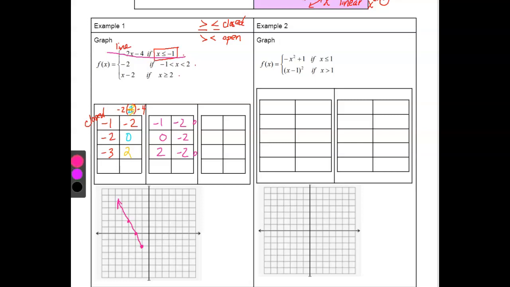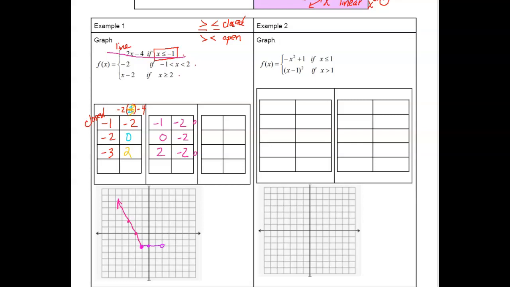Okay? So let's change colors, and we're going to plot these points. So -1, -2, and this already has a dot there, so you're not even going to notice that this one's open. So it really is open, but it would be filled in. I've got 0, -2, and 2, -2. And this one I will see for now, and it's going to be all the points in between.